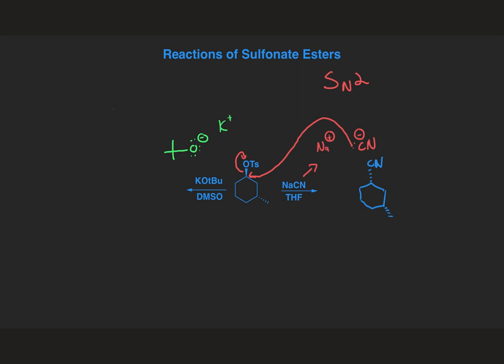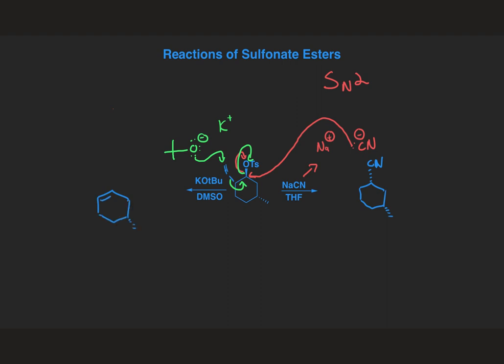So rather than doing substitution, it's going to do elimination. This compound has a couple of hydrogens that could be deprotonated. If we pick that one, it's going to pull that proton, those electrons go down and then kick this tosylate off, which gives you this product.